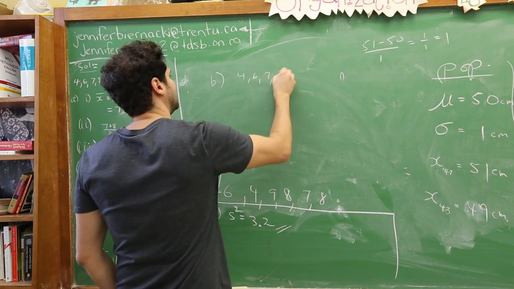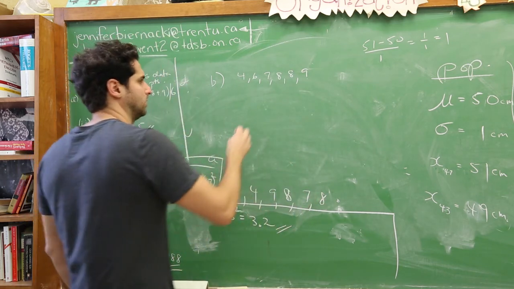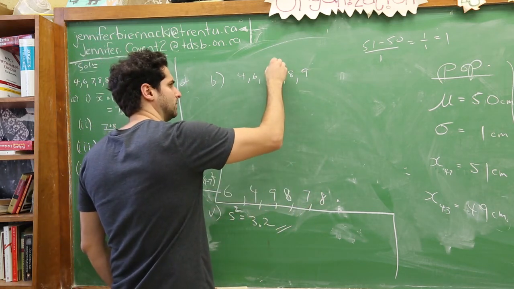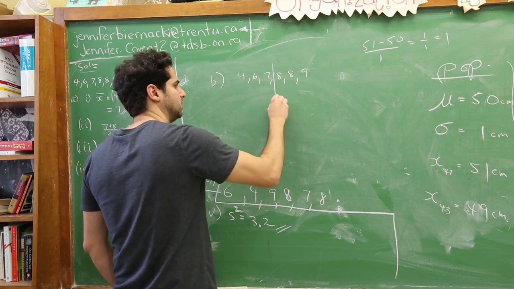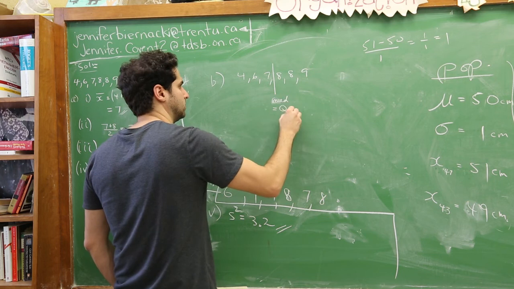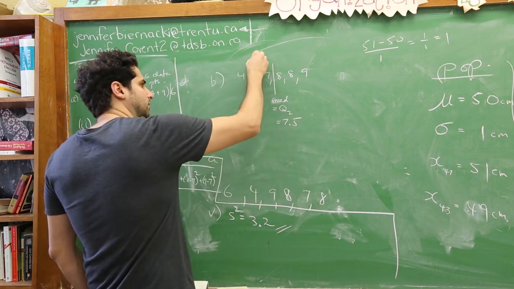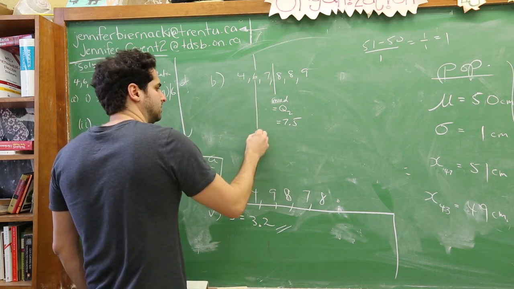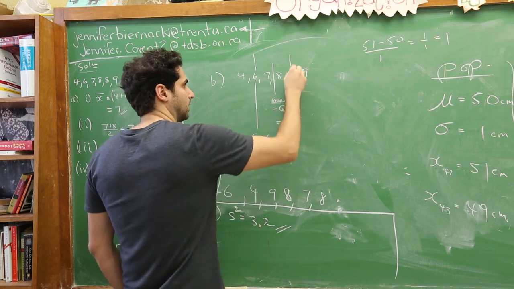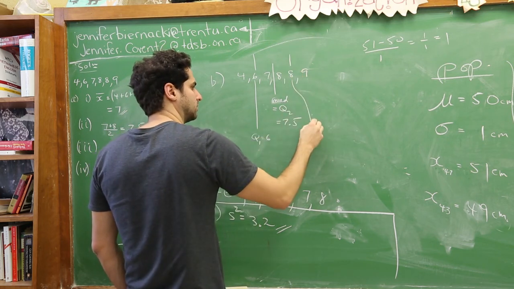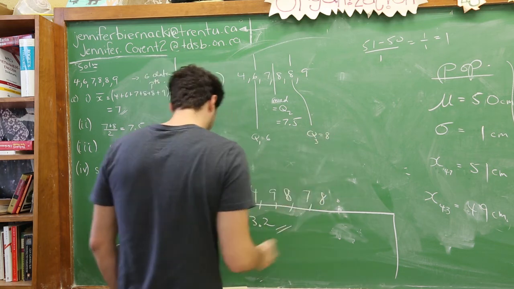4, 6, 7, 8, 8, 9, right? We have 6 data points, so we have to average these two. 7.5. This is the median, which is also equal to Q2, which is 7.5. We got to go down here, which is Q1. And down here gives us Q3, which is 8.